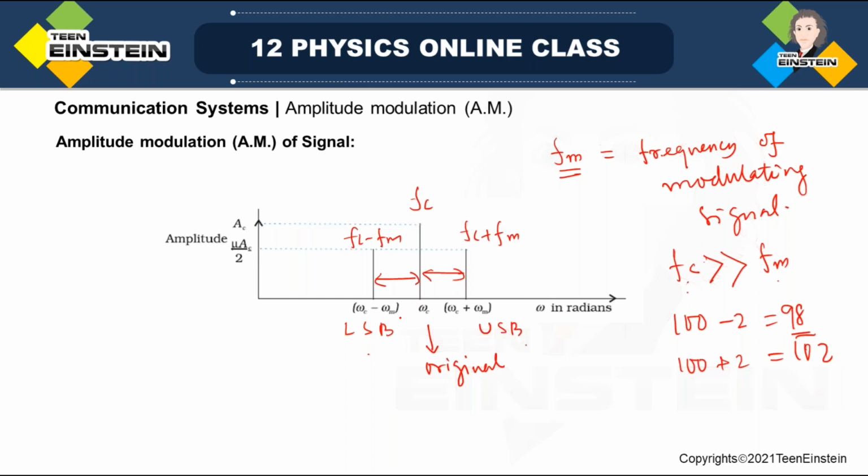Now the difference between the USB and LSB will give you the bandwidth after amplitude modulation.